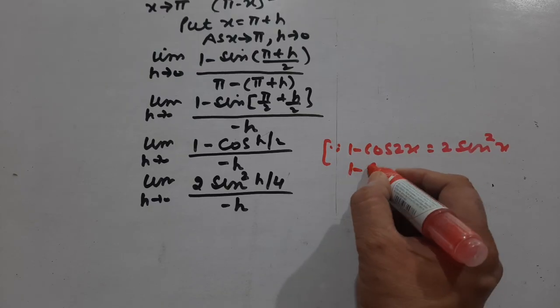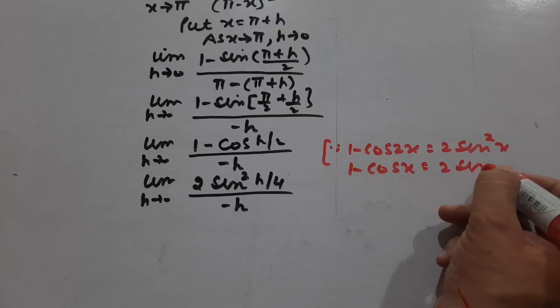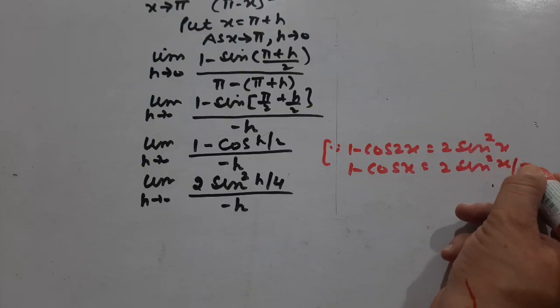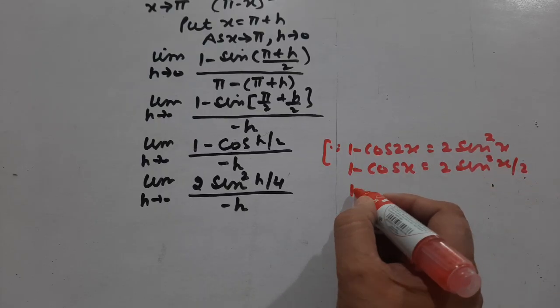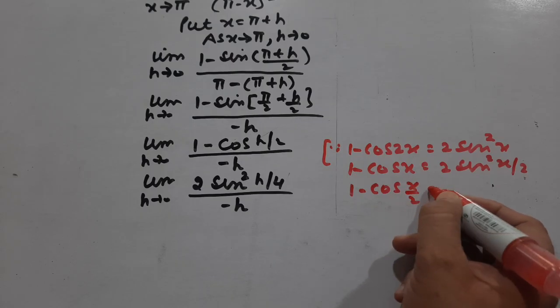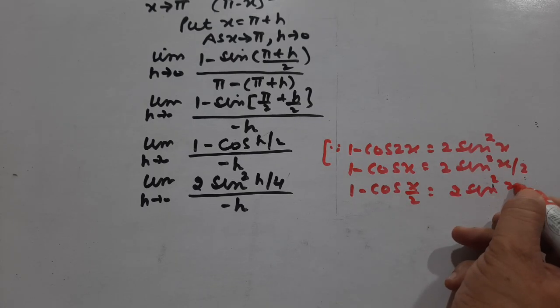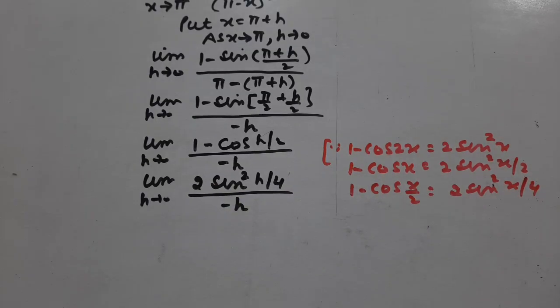So similarly 1 minus cos x is equal to 2 sin square x by 2, whatever the angle is, we halve it. So if we have 1 minus cos x by 2, then half of x by 2 is x by 4. So we write 2 sin square x by 4, like this.